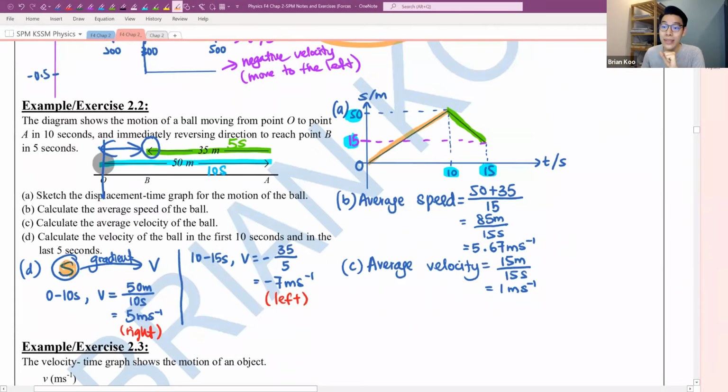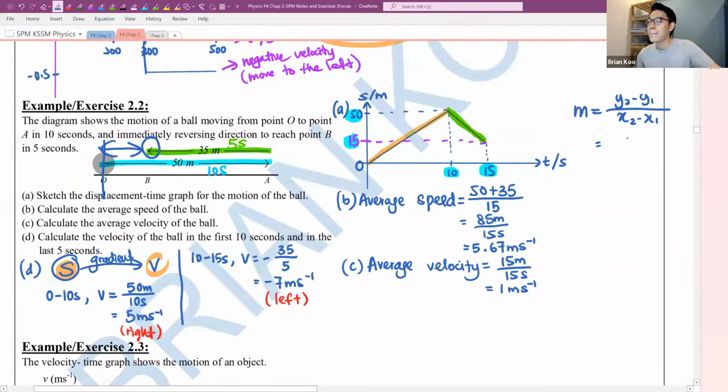So I have the displacement graph and I want to find out the velocity of certain sections only, right? So I'm going to find the gradient. If the confusion here is you are not sure how to get gradient, the symbol is m, then we can go through again the normal formula that you learned in maths in form 2: y2 minus y1 over x2 minus x1, which is also the same as the y distance divided by the x distance, as I like to call it.